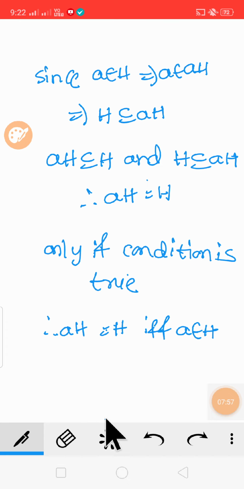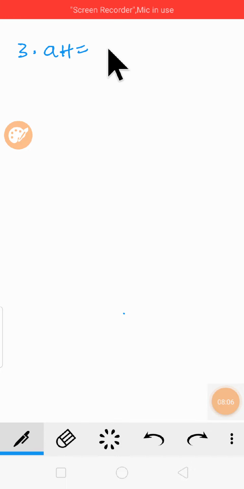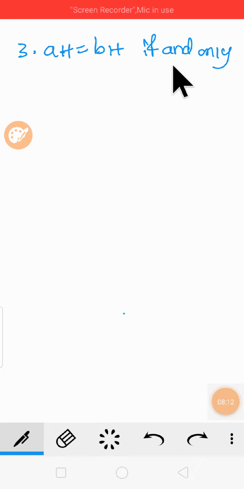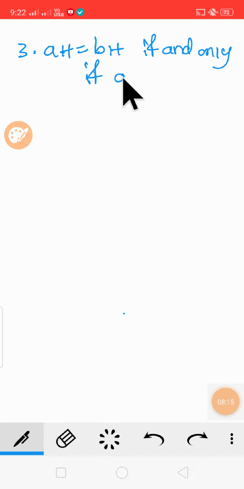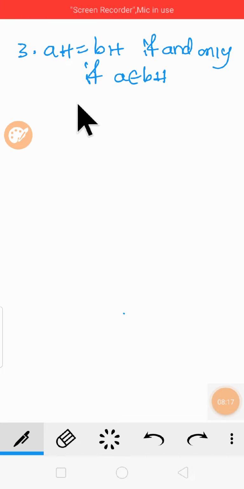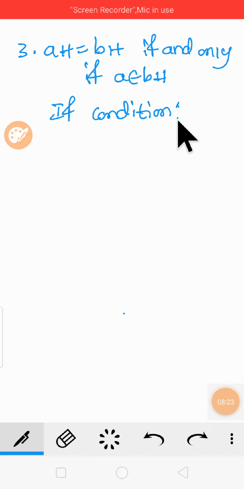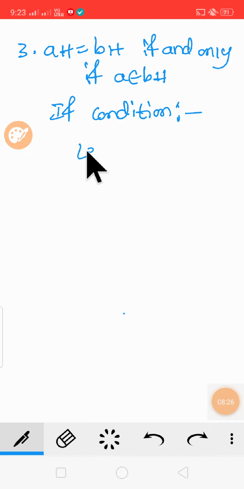Second condition we prove. Third one, aH = bH if and only if a belongs to bH. In the if condition, let aH = bH.